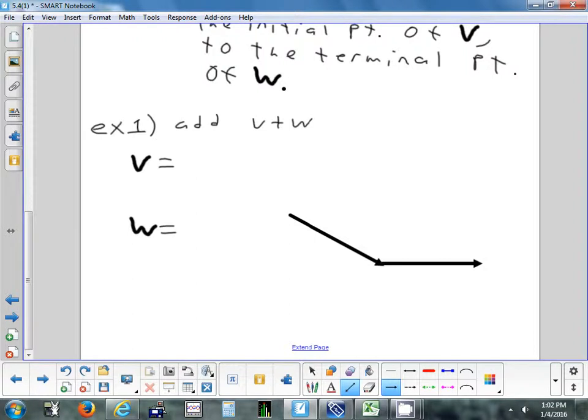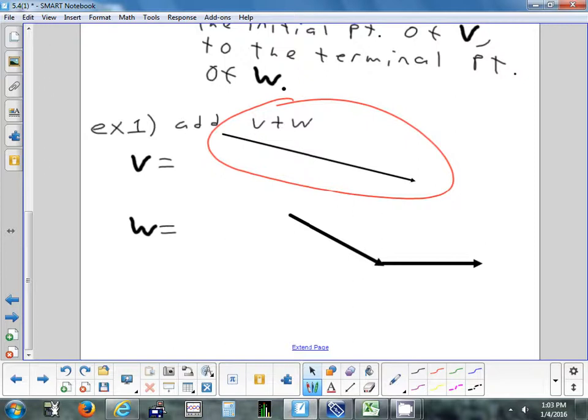Well, I'm going to draw a line starting from here to there. That's your start, that's your end. You know where the end point is. Just follow the path of the arrows. That's the end. So that's V plus W. And that's it. The answer is a picture.